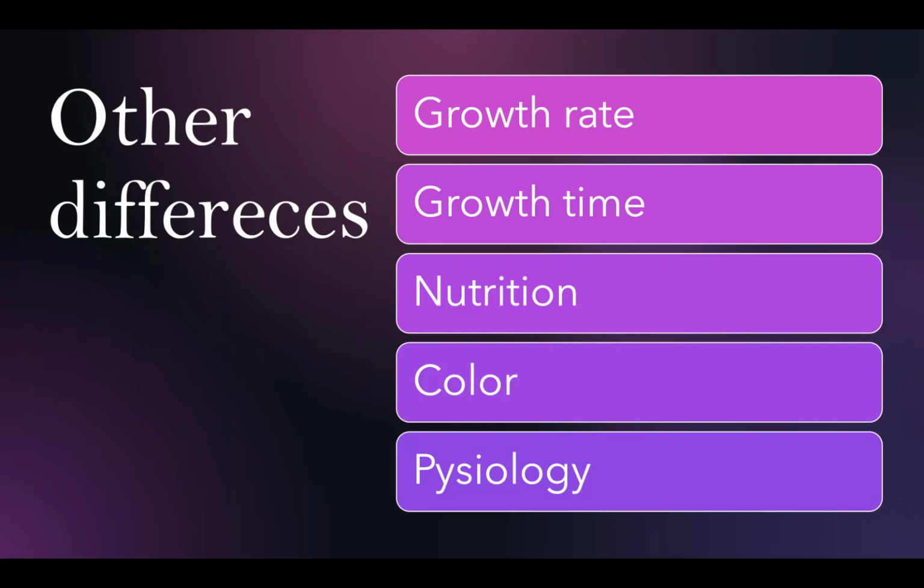Then you have the physiology. The physiology is also quite different between the two fish species. Tilapia have a not so big intestine and trout have a bigger intestine, or maybe it's the other way around. I'm sorry, I may be giving you the wrong information.